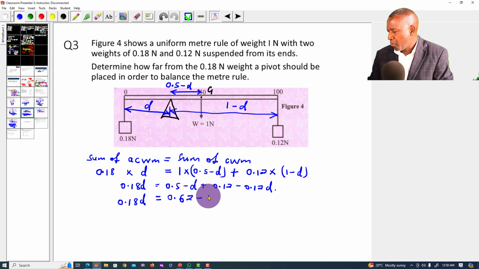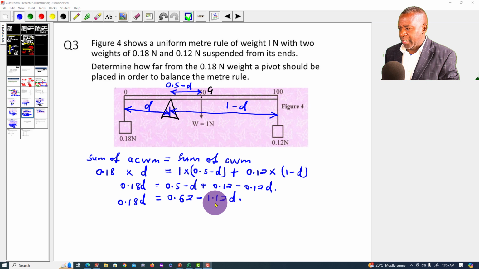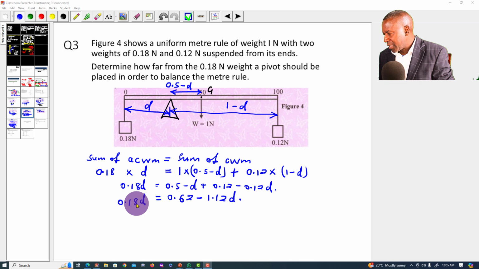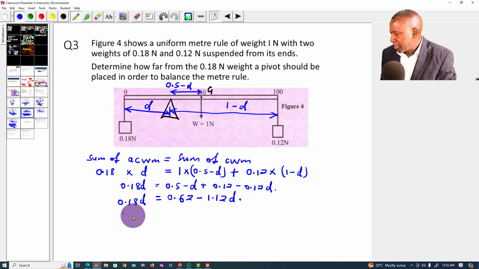I have added this one and this one, minus D minus 0.12 D is going to give me minus 1.12 D. And then I will take this one to the other side, where I'm going to add it on to 0.18 D, and this is what will give me 1.30 D is going to be equal to 0.62.